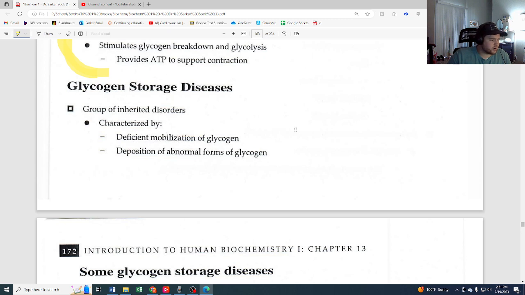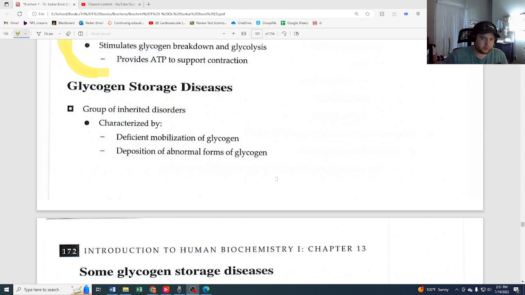Now, glycogen storage diseases. Glycogen storage diseases are a really big deal, because if we can't store glucose, then literally we can't have any energy reserves at all.